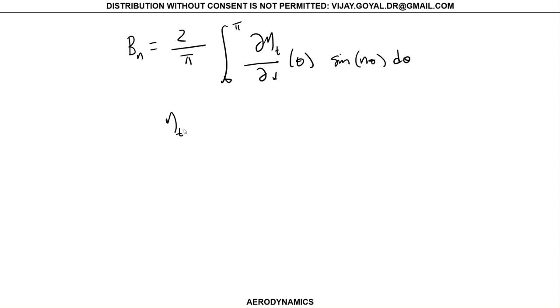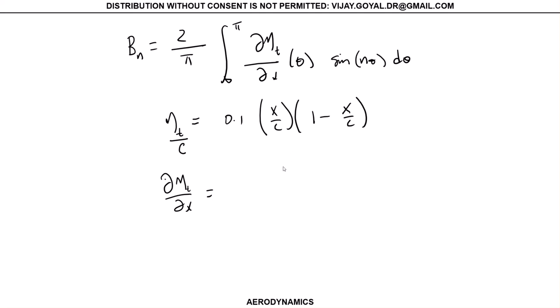We know that this is equal to, if I divide by c, 0.1 x over c times 1 minus x over c. The derivative of this with respect to x will give you 0.1 minus 0.2 x over c.